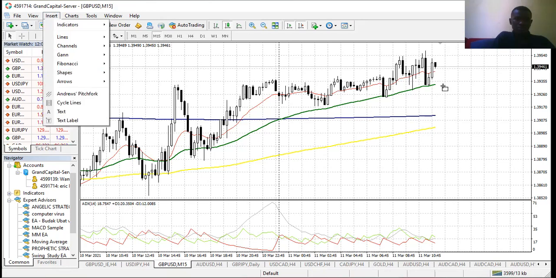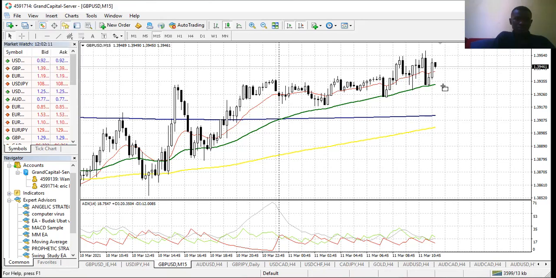Even if price touches this zone again, on the 15 minute time frame on the 5th time, we still expect it to be rejected upwards.